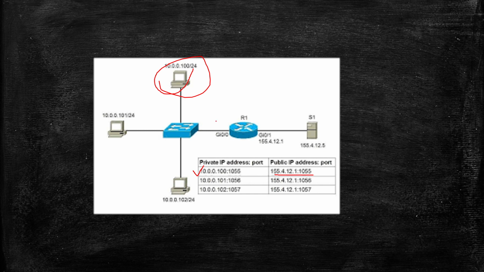The first one gets the first attempt, then the second, then the third, and each request will be fulfilled in turn. So that is PAT.